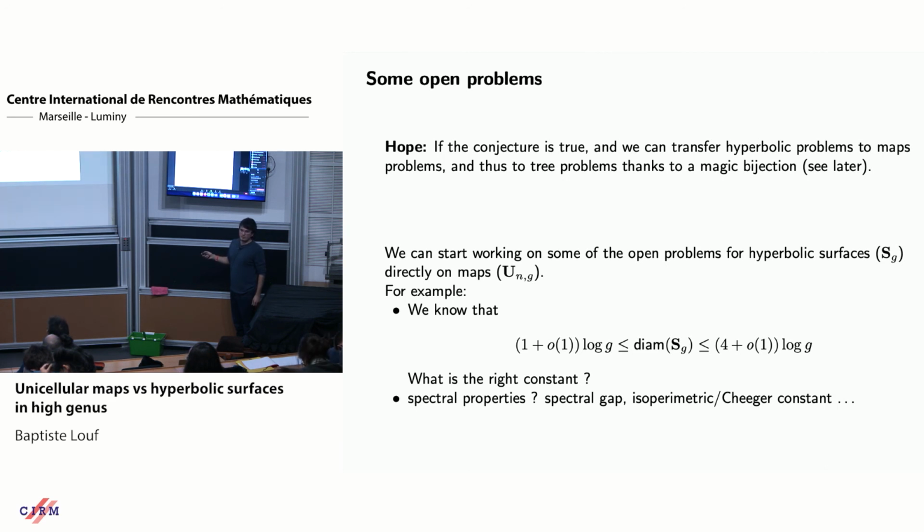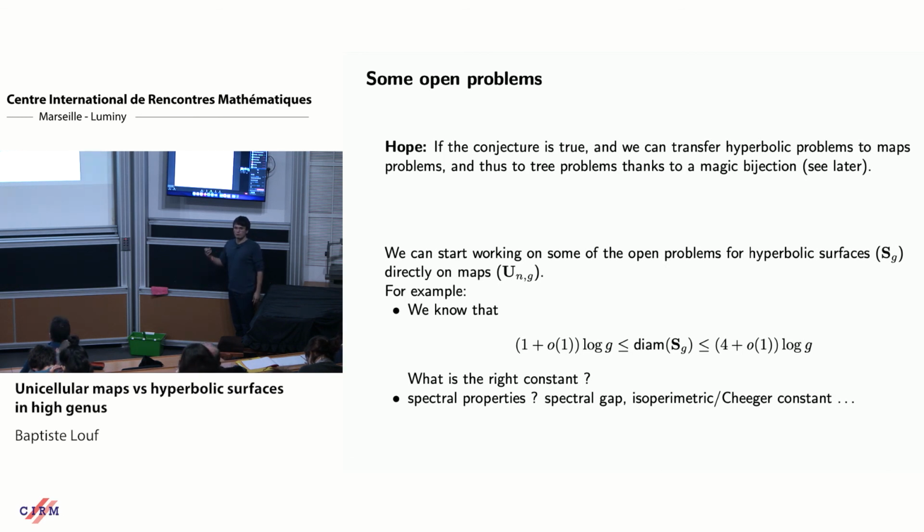It's been proven that the diameter is of order log g. There is a deterministic area argument that says that it has to be at least log g up to smaller order terms. And some spectral arguments prove that it's at most 4 log g.